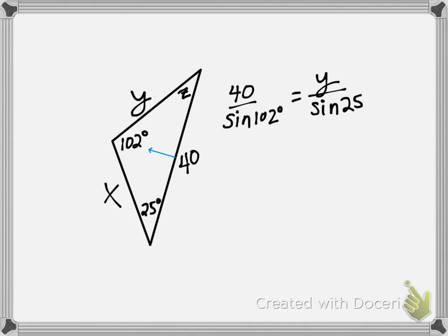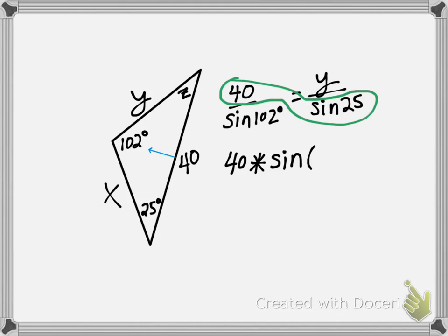Now we went back over cross multiplication, so all you need to do at this point is cross multiply 40 times the sine of 25. So in your calculator you put 40 times, and I've been putting a little star there because that does show up in the TI-84, the sine of 25 degrees.